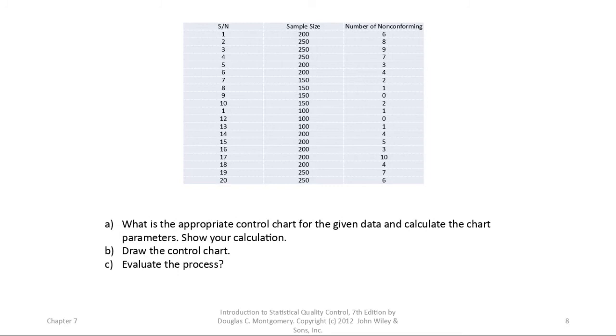A third example we have here is data given for number of non-conforming, and we have a sample size. In this case, we have a sample size, but if you pay attention, it is varying. It is not the same, it's not constant. Sometimes it is 200, and then sometimes 250, or 150, or 100.